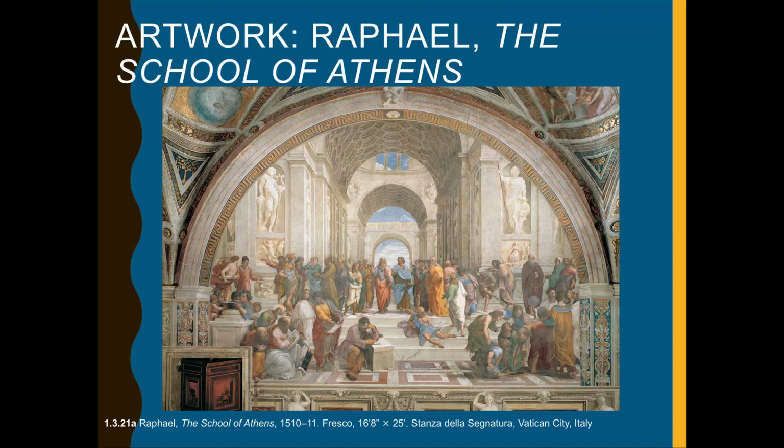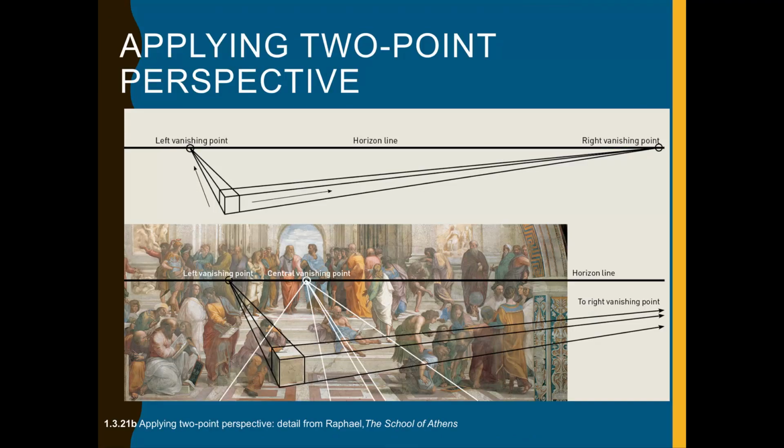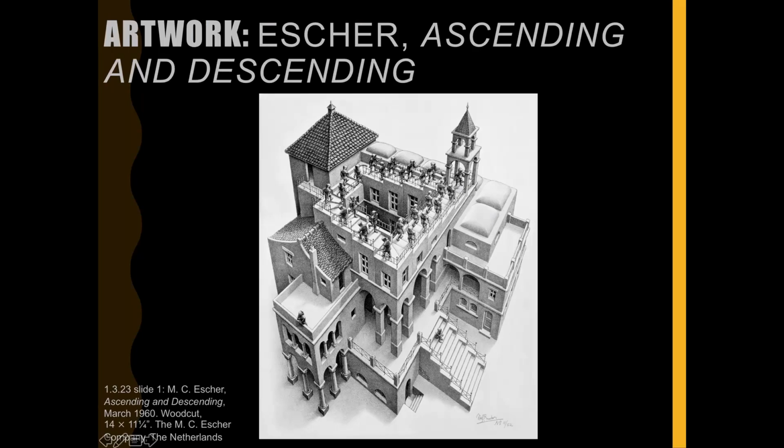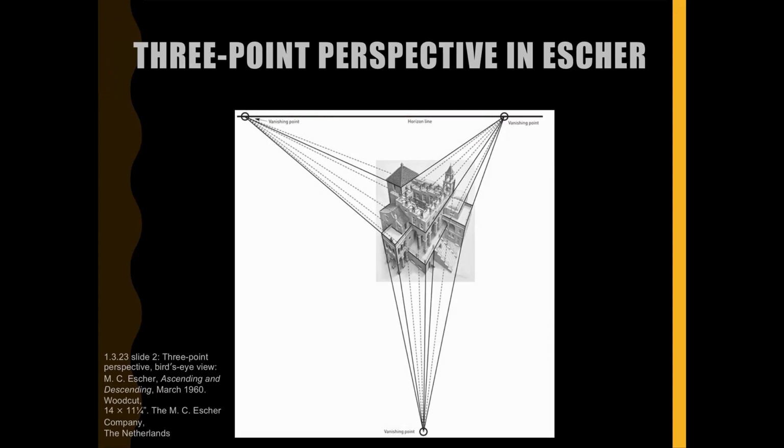Two-point perspective is used here. Here's how it works. Instead of one vanishing point, you have two, and the converging lines mean you don't just have the front, you've got the side view too, which is closer to real life. And then this is three-point.